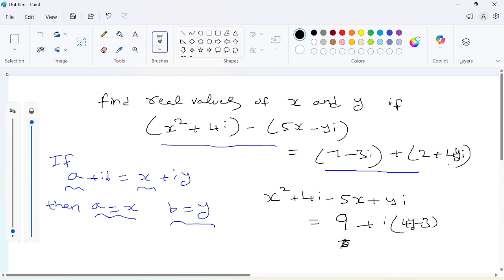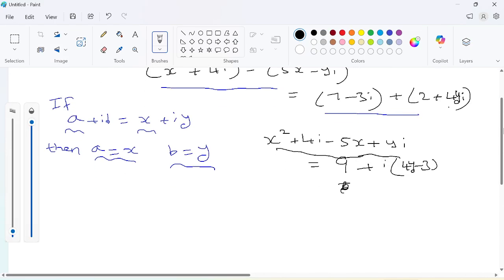Now you see it, 4y minus 3. Here, bring the left hand side also into real and imaginary parts. So it will be x square minus 5x plus i into 4 plus y is equal to 9 plus i into 4y minus 3.